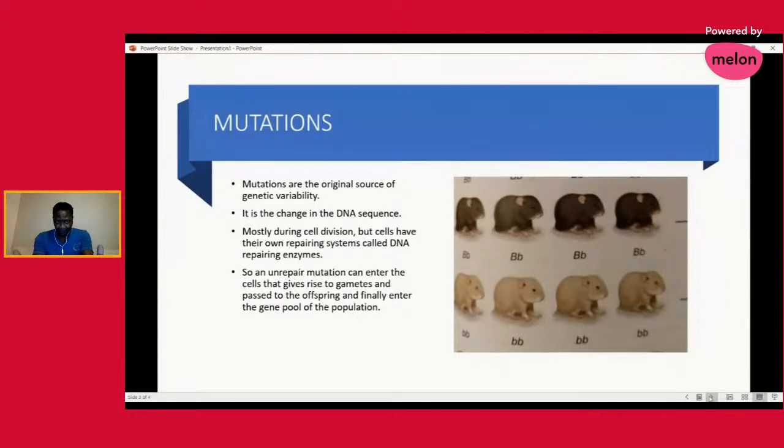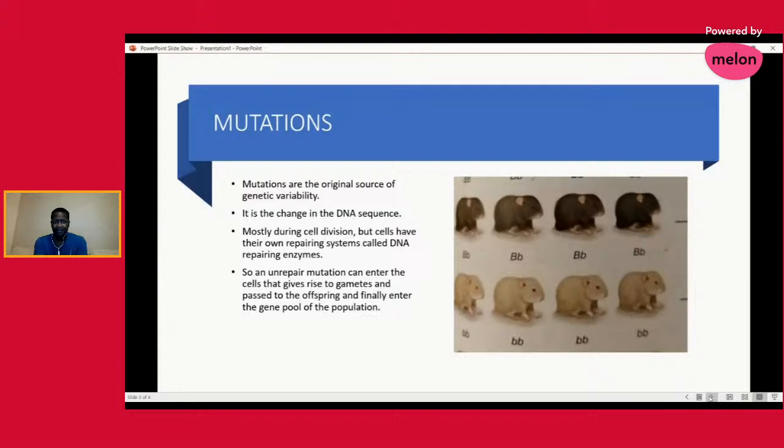Now, one of the factors that can cause evolution, we know, is mutation. But what is mutation itself? Mutations are the original source of genetic variability. If you look at a population, you see individual members are different in so many regards. Some will have black hair, some gray hair, some brown hair and curly hair.